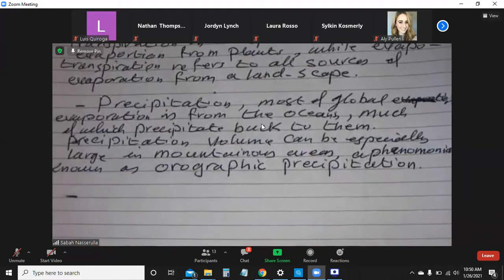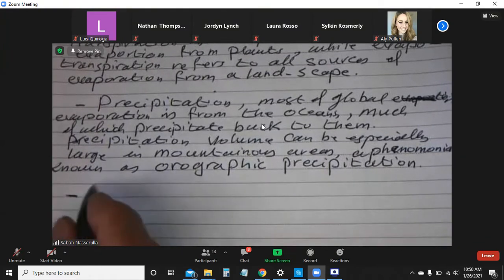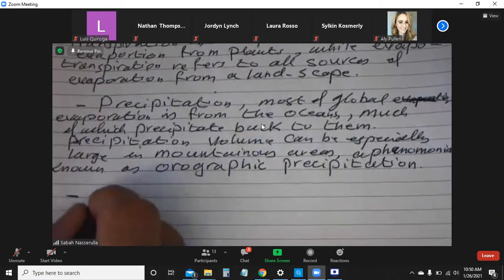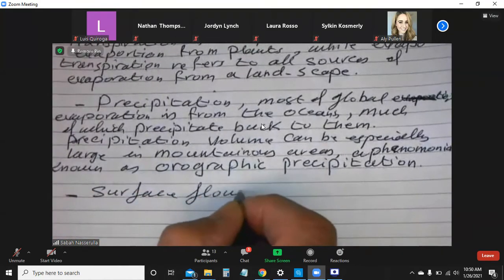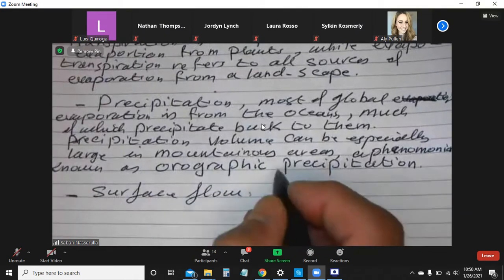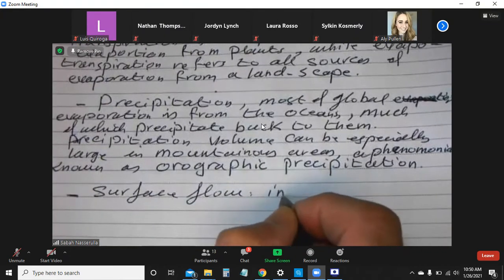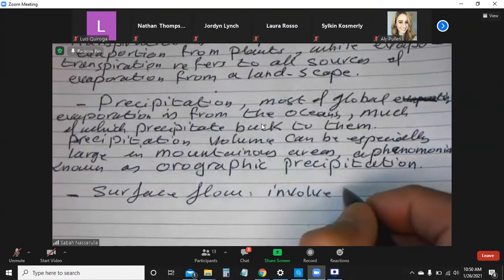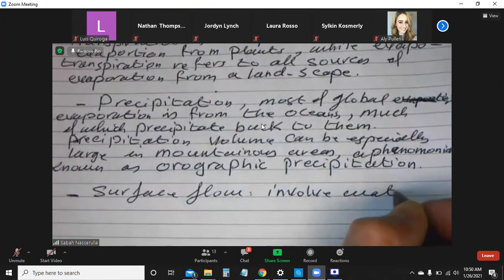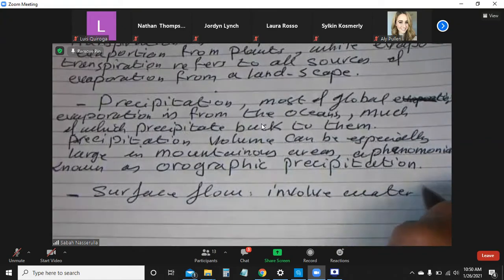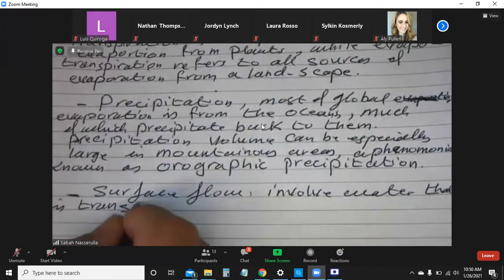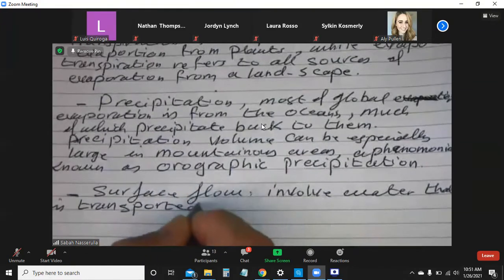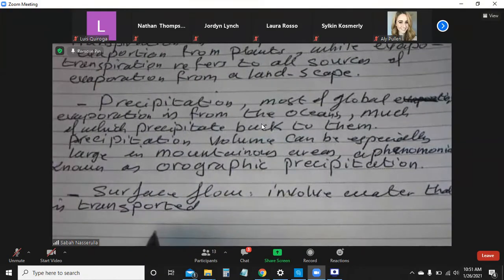Now, the other terminology we use is surface flow, which simply involves water that is transported in streams and rivers.